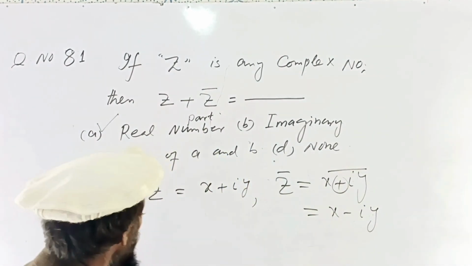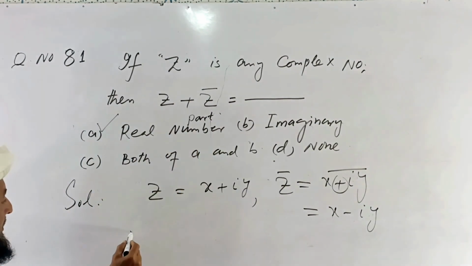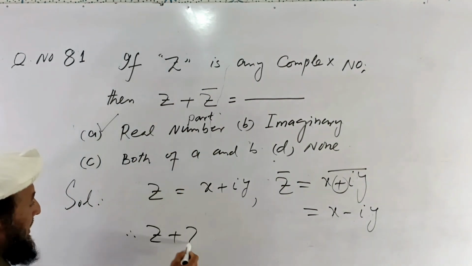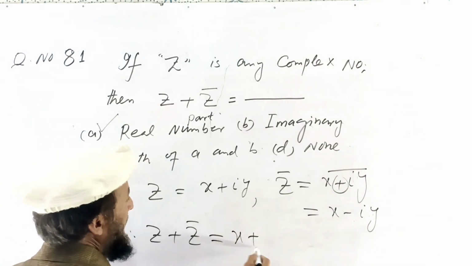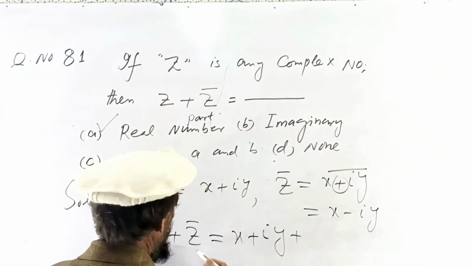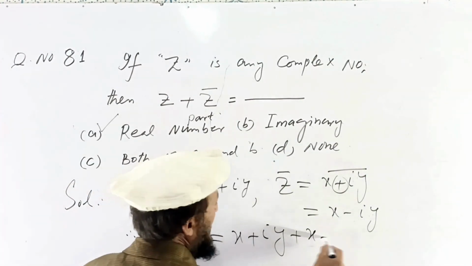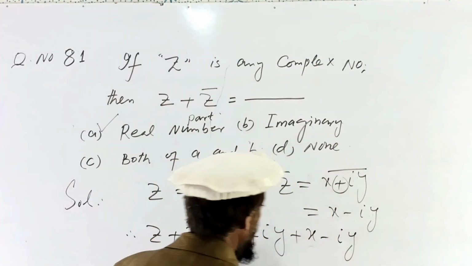Here plus is required, so Z plus Z conjugate will be equal to the real part.